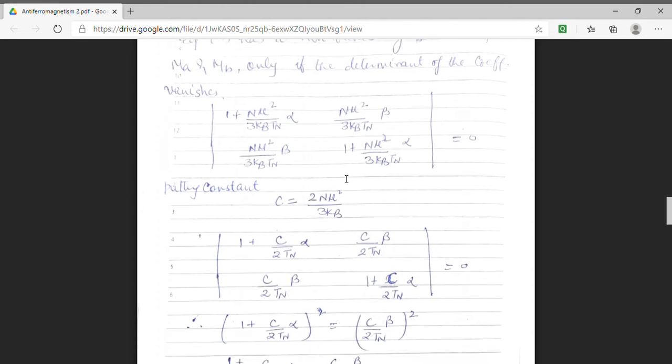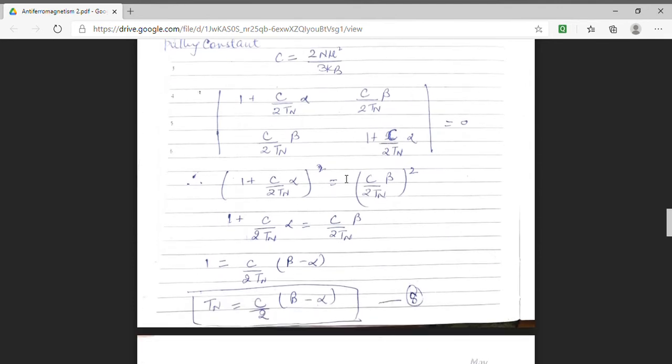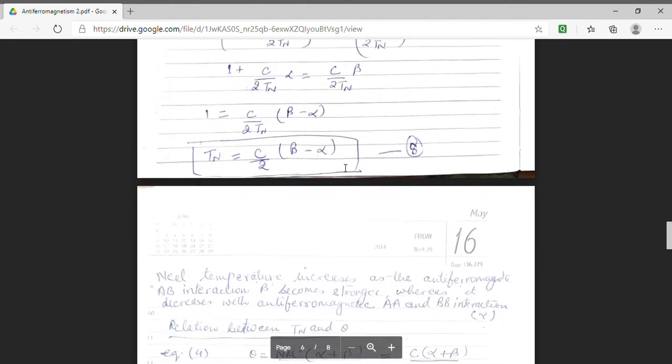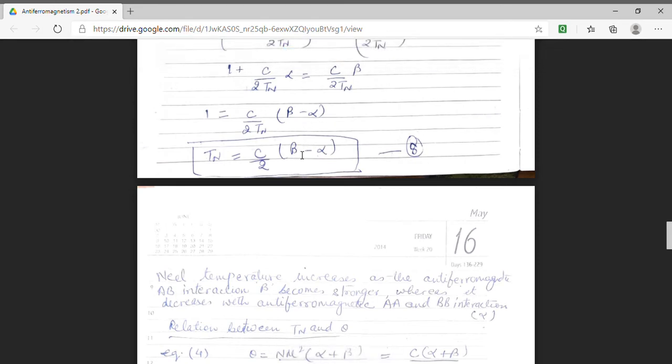Solving the determinant, we can get the expression of Néel temperature, and on solving I get my Néel temperature to be equal to C upon 2 times beta minus alpha. This is our Néel temperature, and this shows that Tn will increase as the antiferromagnetic interaction beta becomes stronger.